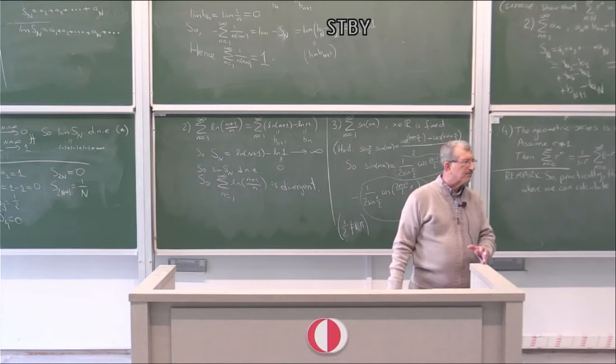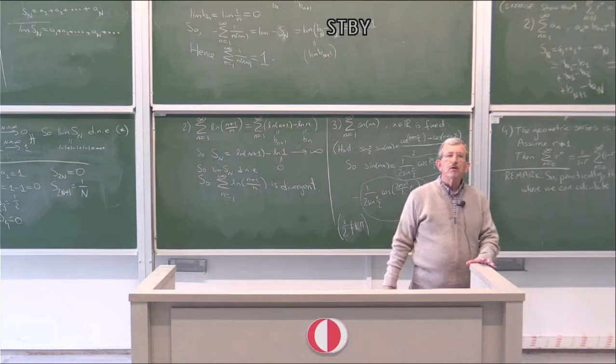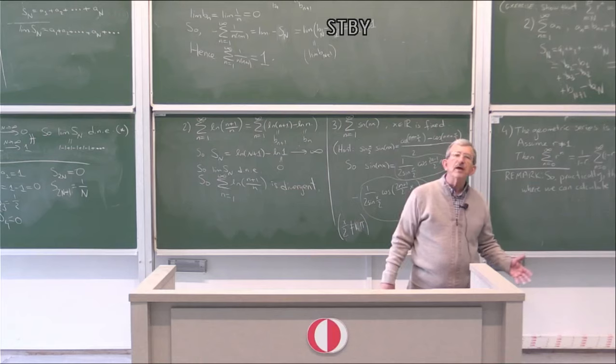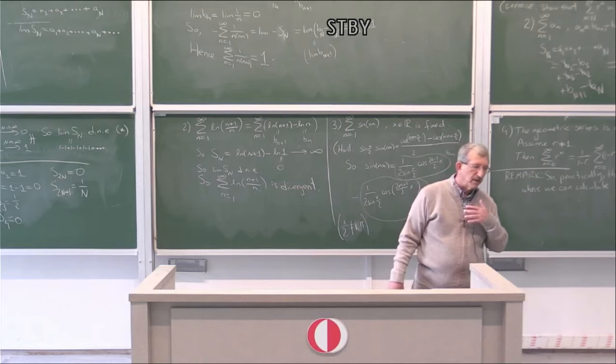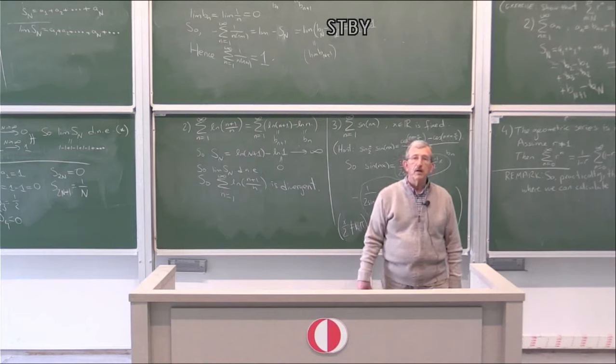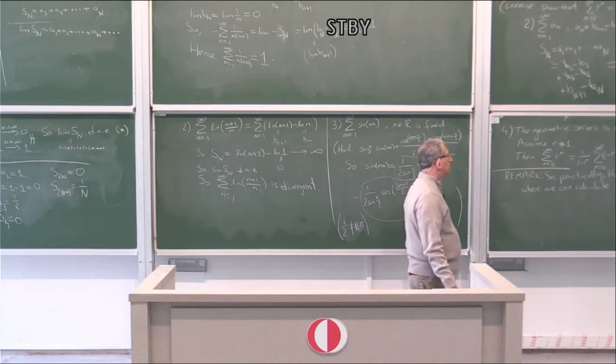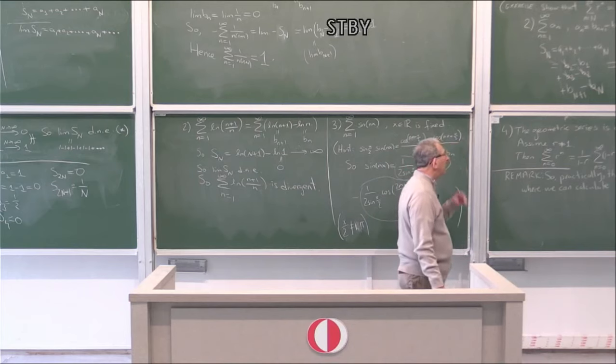Namely, you cannot write down every real number as a combination of square roots, pi's, e's, divisions, multiplications, and so on. There are a lot of other types of irrational numbers. So it may not be possible to find exactly what the limit value is.